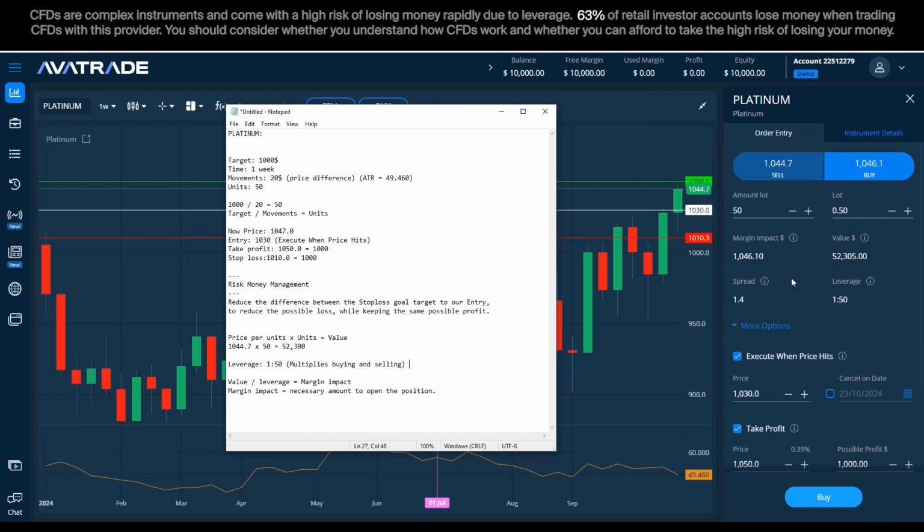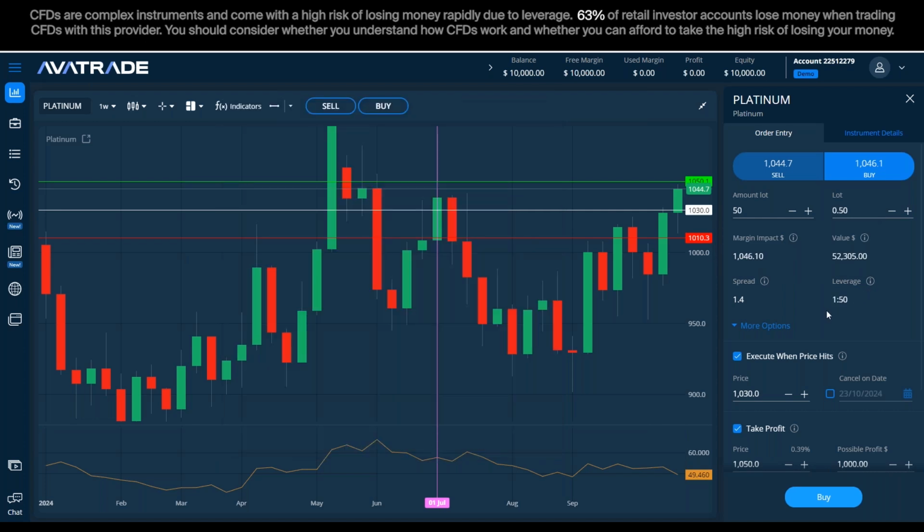Okay, so we have something that cost 1046, okay, with the buy. We multiply that by the 50. So if 1 unit costs 1046, 50 units cost 52,000. And because we're multiplied by 50, we can basically divide this by that. And then we know that this is what we only need.